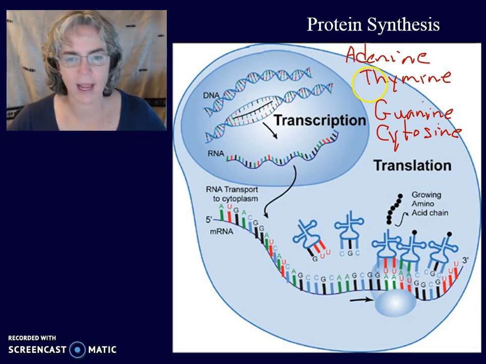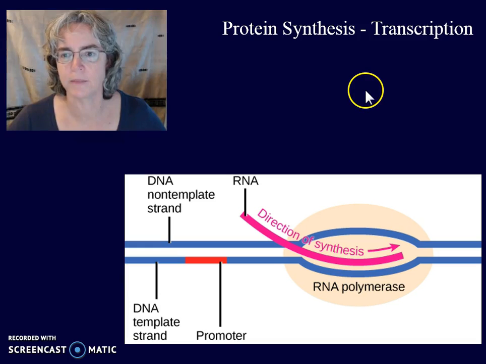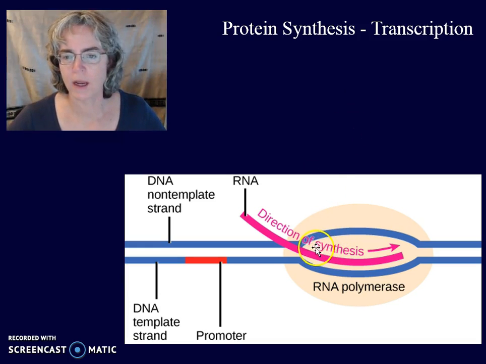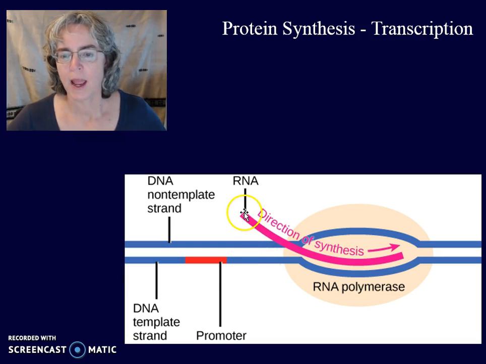Okay, so let's look at this in a little bit more detail. What's happening here is we're transcribing the information that's in the complementary base pairing into an RNA molecule.